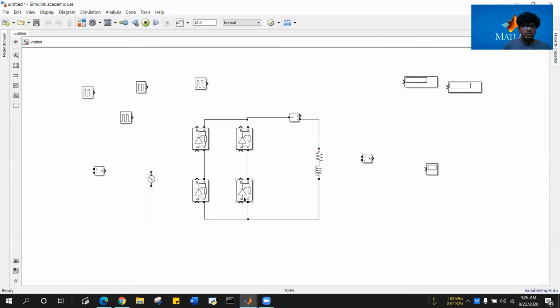So this one's done, and now we'll connect the AC source, one here, the other here. That's good. Right, now I'll add the voltage measurement in order to get the initial waveform.